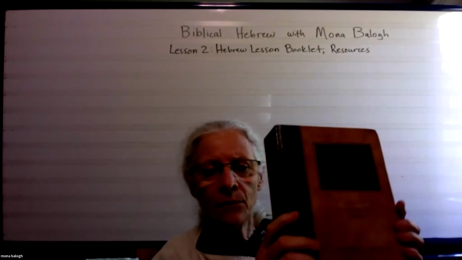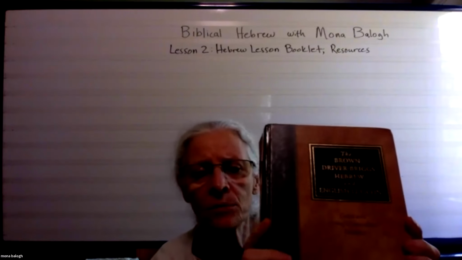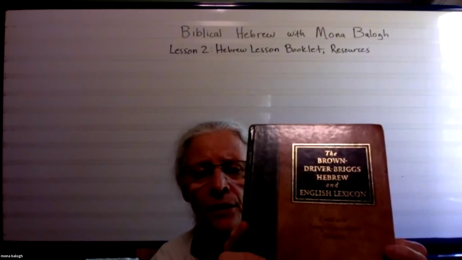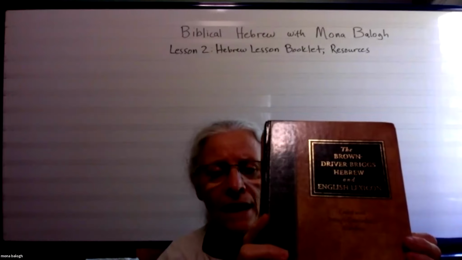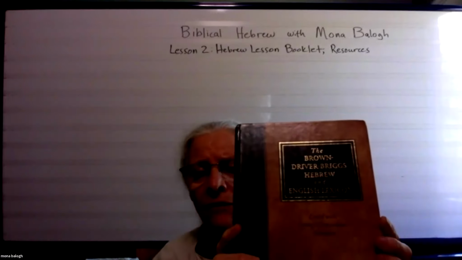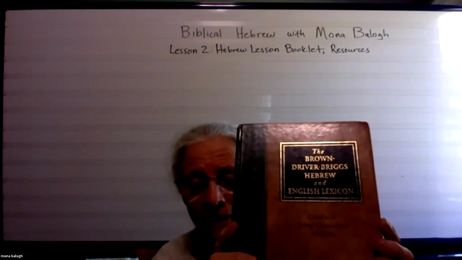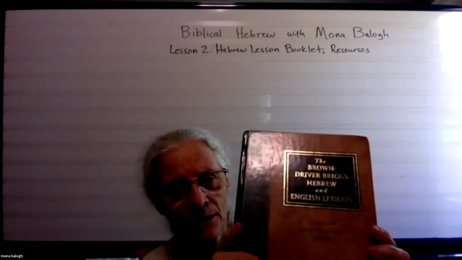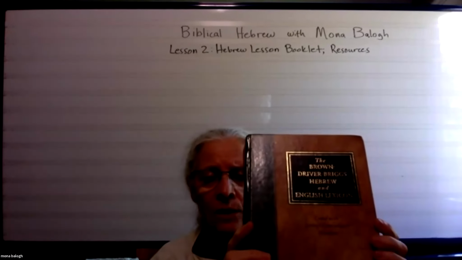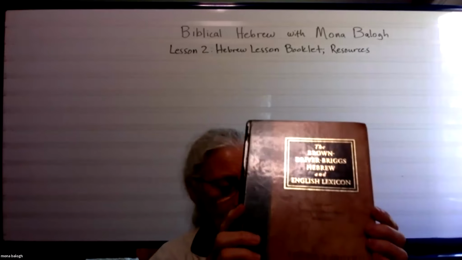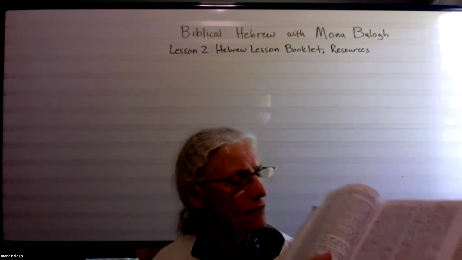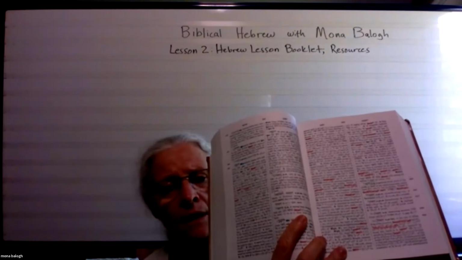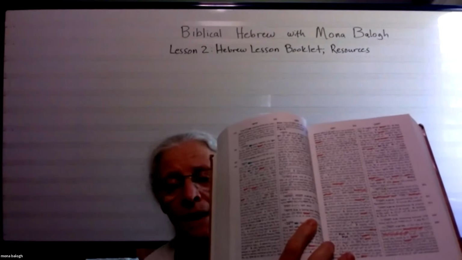Next is the Brown, Driver, Briggs. Brown, Driver, and Briggs were 3 authors who put together this lexicon. It's a Hebrew and English lexicon, and it has every single word and its reference, close enough. There are some minor differences in the verse numberings, but every single word that's listed in the Old Testament or the Hebrew Bible is in this lexicon. You can see I've marked it up. I've marked the references to the Torah because that's all I teach.